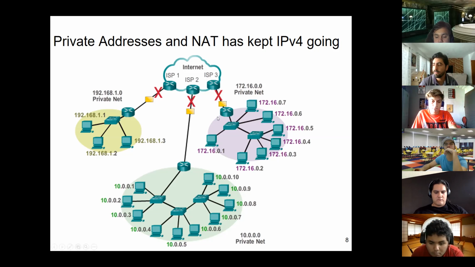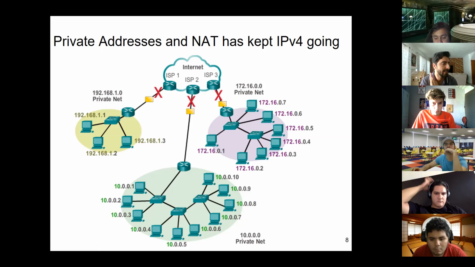But another reason that we can still use IPv4 is due to NAT, or network address translators, and also private addresses. For example, in your house, most probably you have a router, and you connect your laptop, mobile phone, or your family's devices to this router.